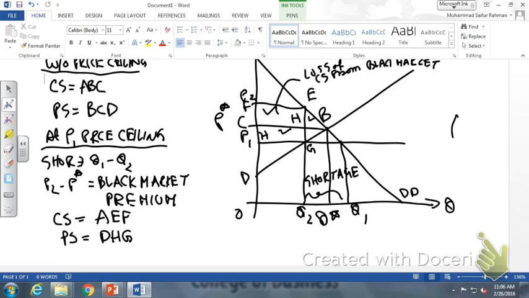This becomes part of the producer surplus, which I didn't define. The reason why I am not calling the upper rectangle producer surplus is because producers legally don't get that. But illegally they do. Are we all clear on that? Are we all clear on why this is so sensitive and why I am talking about black market twice?